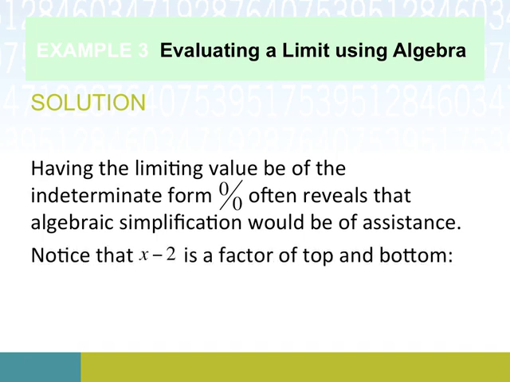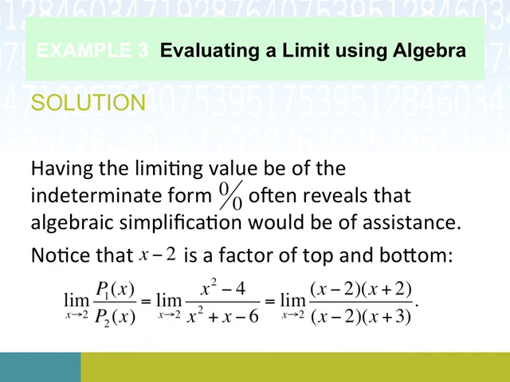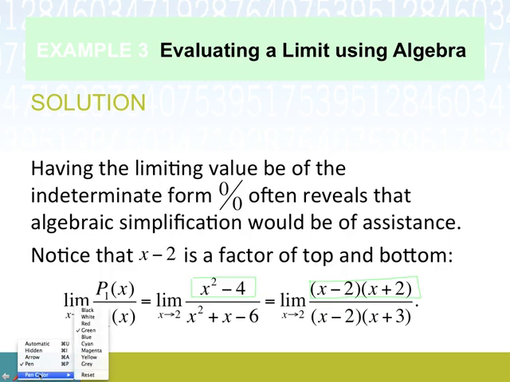So if we take x minus 2, and we'll go through this more slowly than this is showing, x minus 2 is a factor of these two things on top and bottom. x squared minus 4 can be broken up into x minus 2 and x plus 2. So that's a convenient factorization. And then on bottom, we've got not an identical factorization, but a similar factor between them, which is actually just as good.